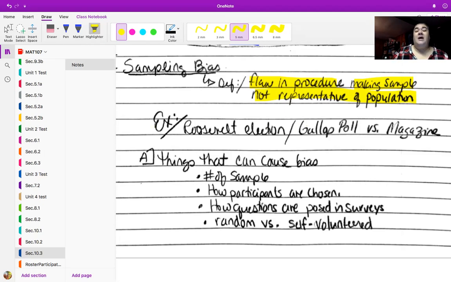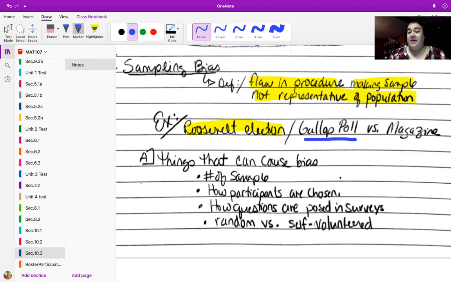A good example of it, and it's actually my favorite example, is the Roosevelt election, which is where Gallup polls got started, because there was a gentleman named Mr. Gallup who took it upon himself to take a poll of how people were voting.